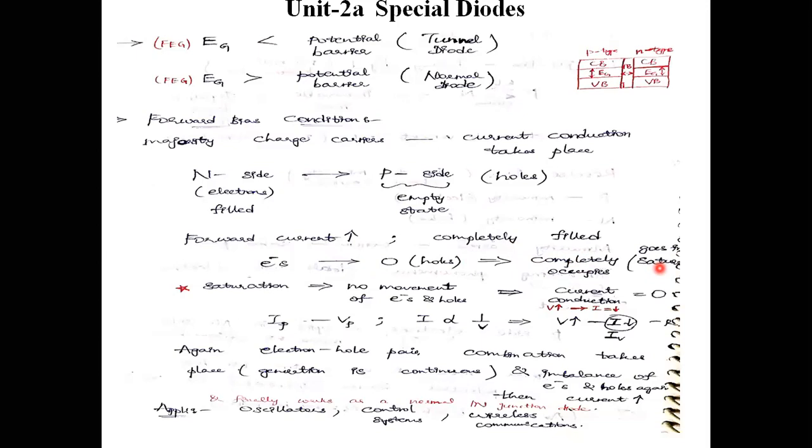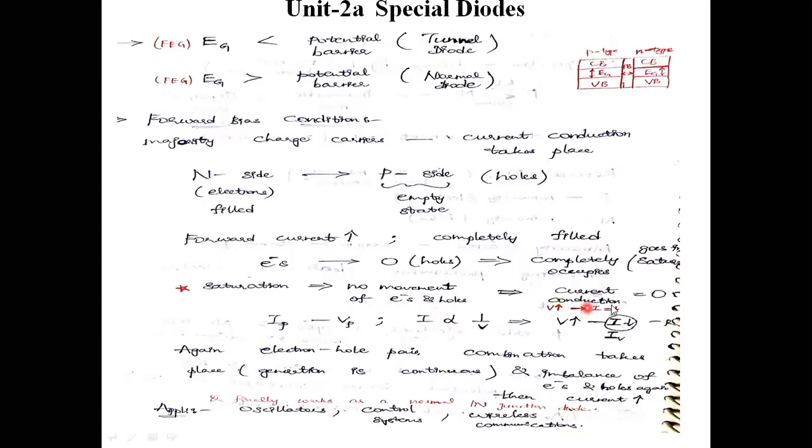When the device comes into the saturation region, there is no further movement of charge carriers, and further electrons cannot jump into the other region. That means in the saturation region, no movement of electrons and holes takes place.